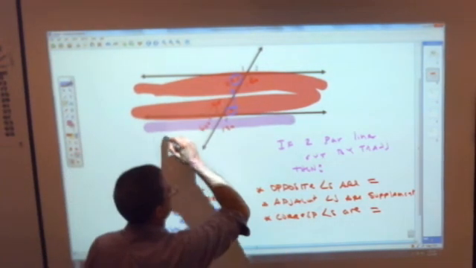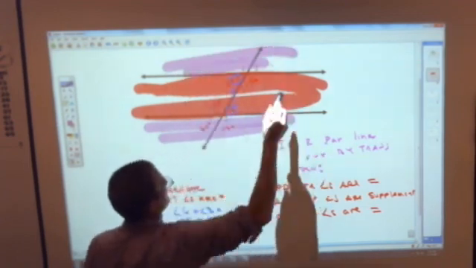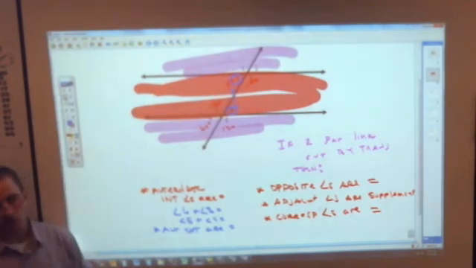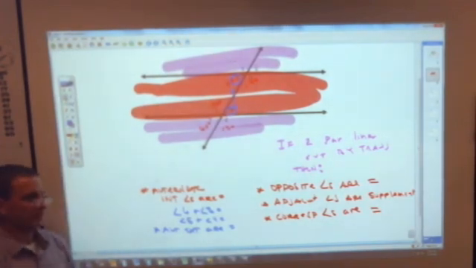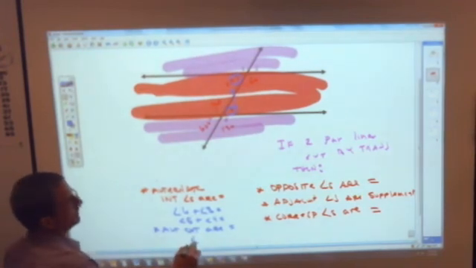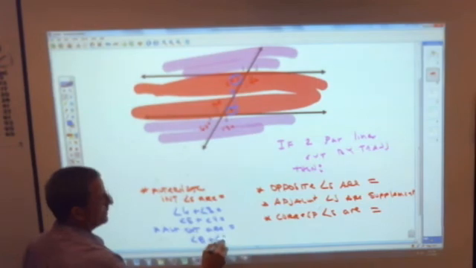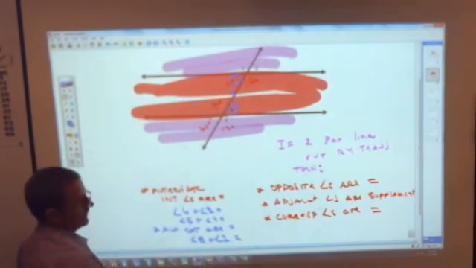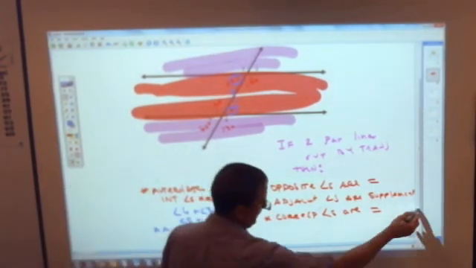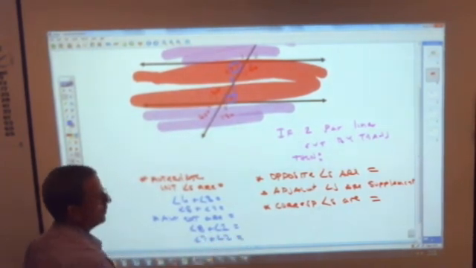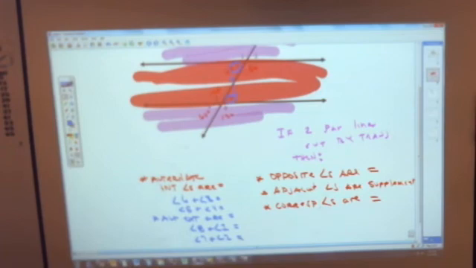These are the exteriors. Alternate means it goes from one side to the other side of the transversal. So name for me 2 sets of alternate exterior angles, Brendan Massey. Angle 8 and angle 1. Correct. Angle 8 and angle 1 are equal, as are angle 7 and angle 2. Those are all equal angles.